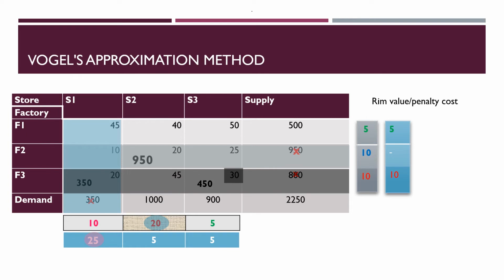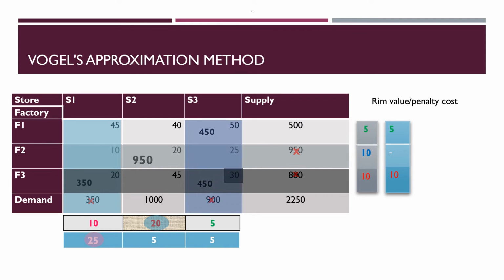Then from the F1 factory, we have to allocate the remaining 50 to the S2 store to satisfy their demand condition of 1000, and from the F1 factory we have to supply 450 to S3 to satisfy their demand condition of 500.